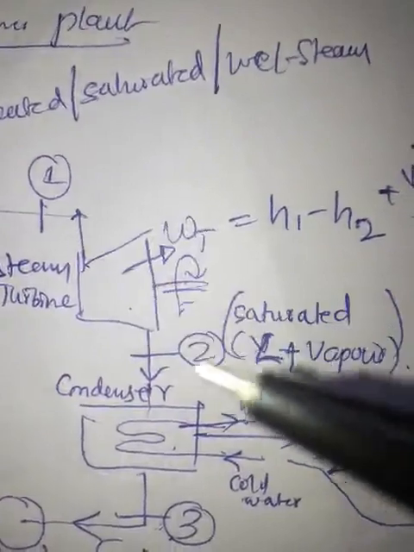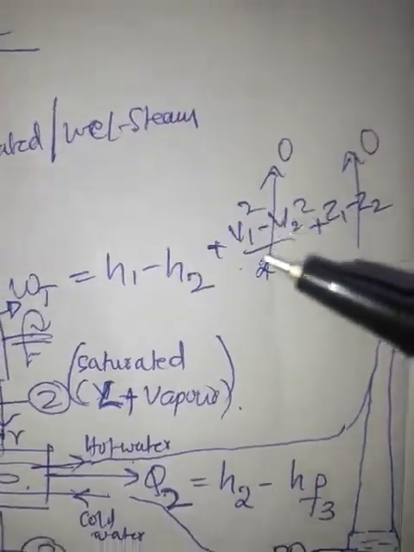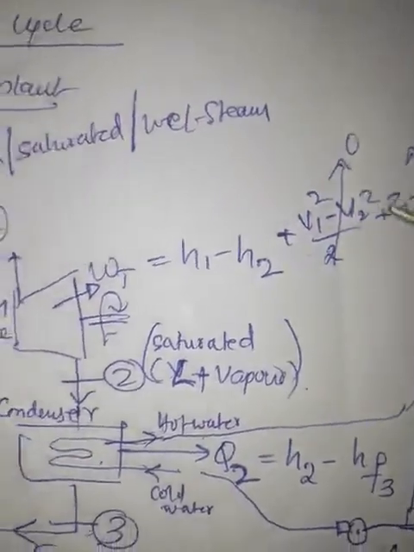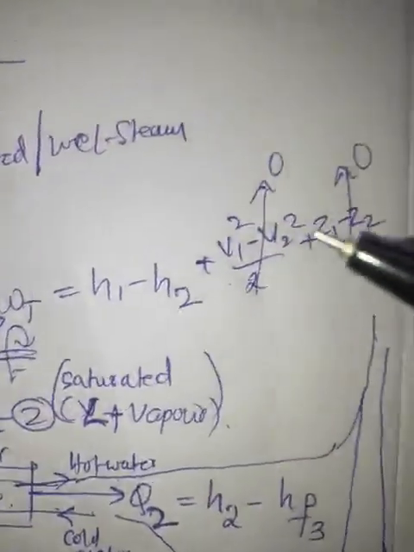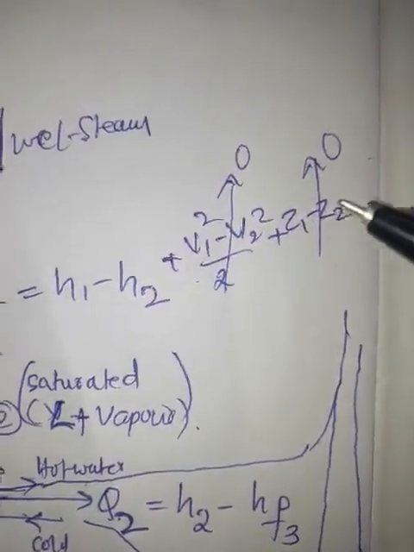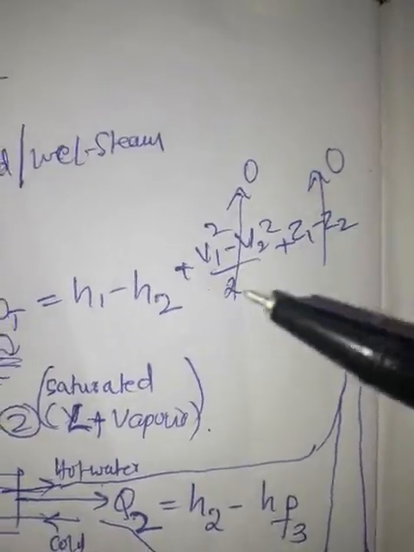If I calculate the change in velocities V1 and V2 across the steam turbine, that value is negligible. I can consider it as 0. And again Z1 altitude, Z2 altitude, the change in them is also negligible. I can consider that also as 0. So these two terms get cancelled.